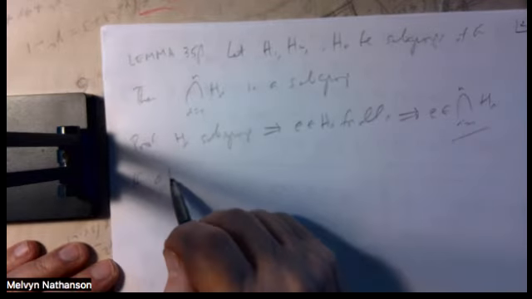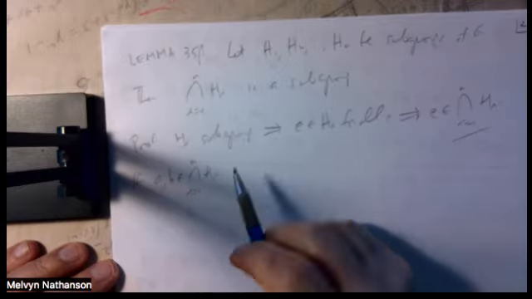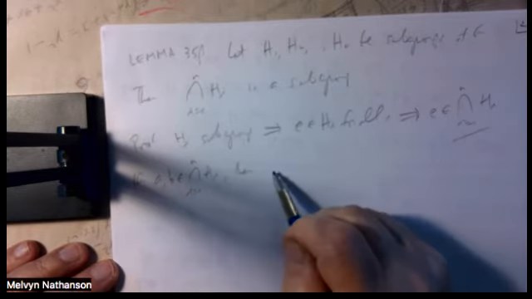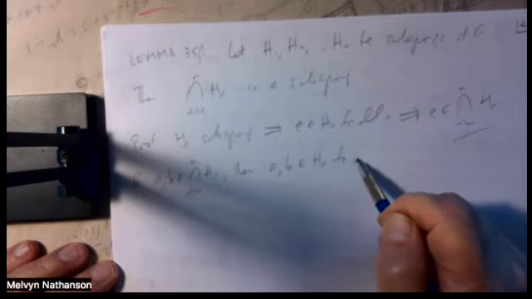Second, if A and B are in the intersection of all these n subgroups, then A and B are in H_i for all i. But H_i is a subgroup. So A B inverse is in H_i for all i. And so A B inverse is in the intersection of the H_i's.